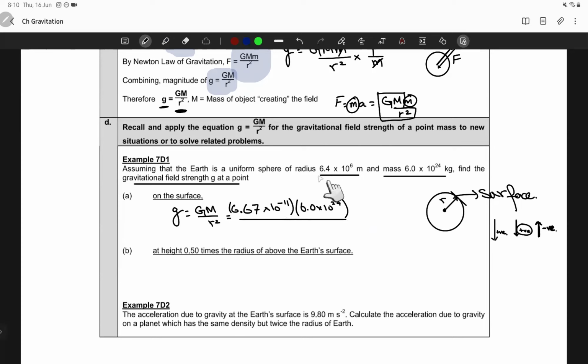Now we'll use this radius. The value of radius will be exactly this, because this is the radius of the Earth, and I just explained that this radius is from the center of the Earth to the surface, and they're asking you to find the value of g on the surface, right? So you'll just put this value of radius in here, and the rest is just putting this in a calculator.